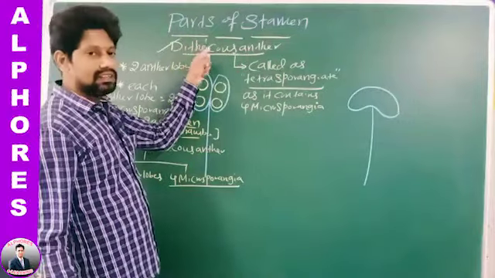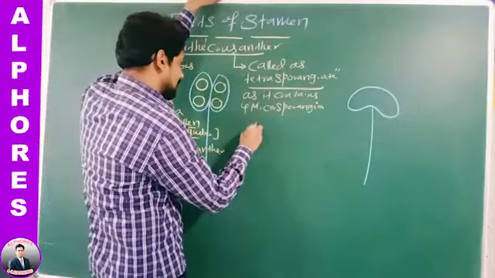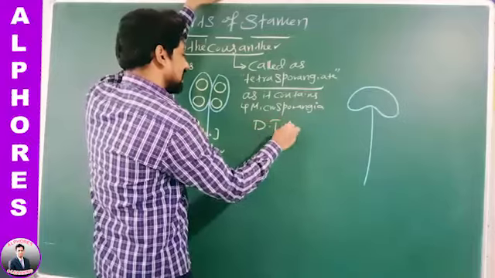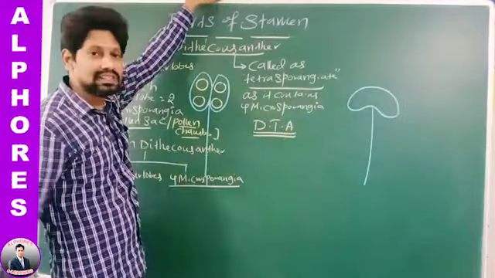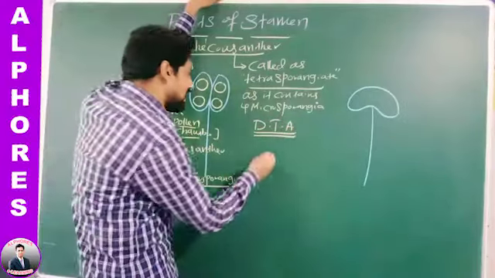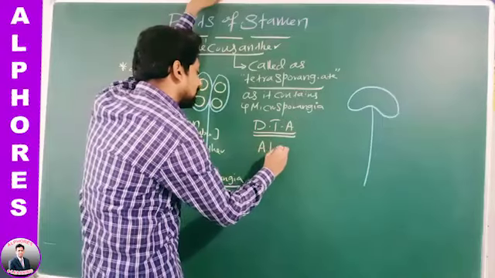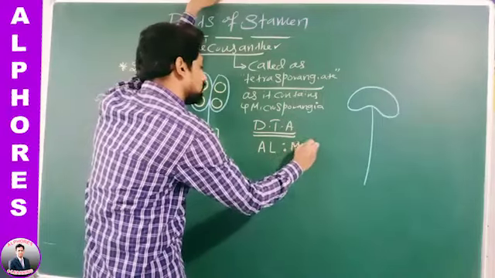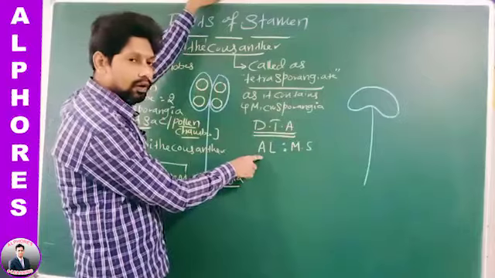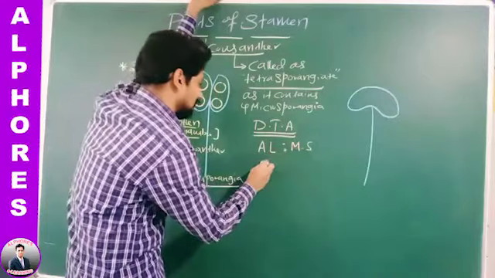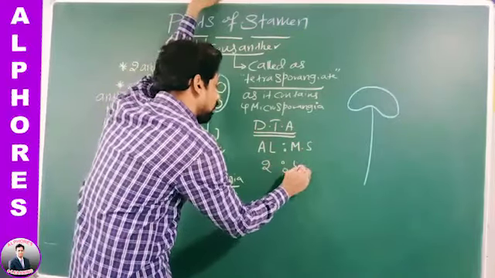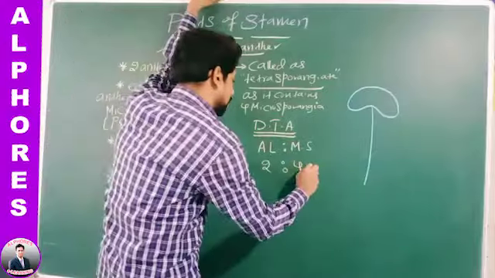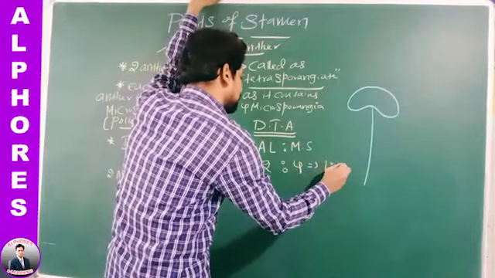Sir, in a dithecous anther, what is the ratio between anther lobes and microsporangia? Two anther lobes, four microsporangia. Therefore, the ratio becomes how much, sir? 1:2.